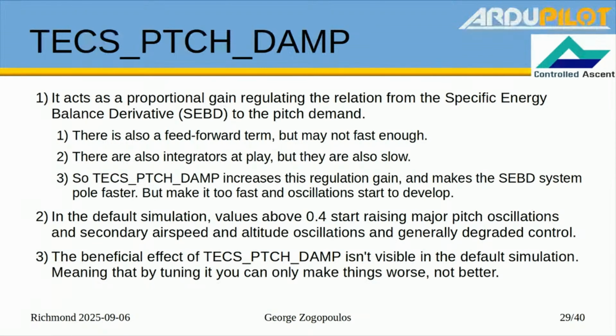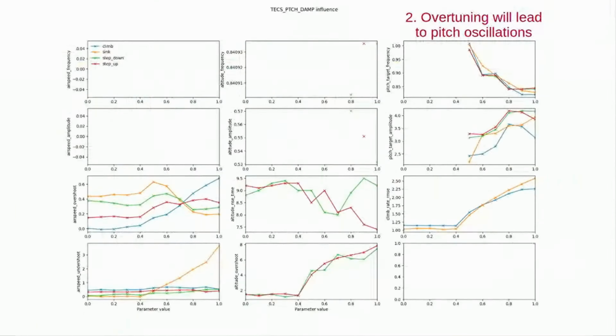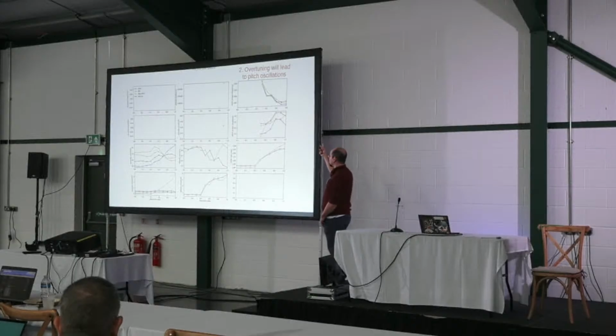There are some integrators, but they are also slow, like pitch integral gain, as we said before. So TECS pitch damp can help you increase the dynamics of your pitch and get you a more tight exchange of energy between airspeed and altitude. But again, you can overdo it.